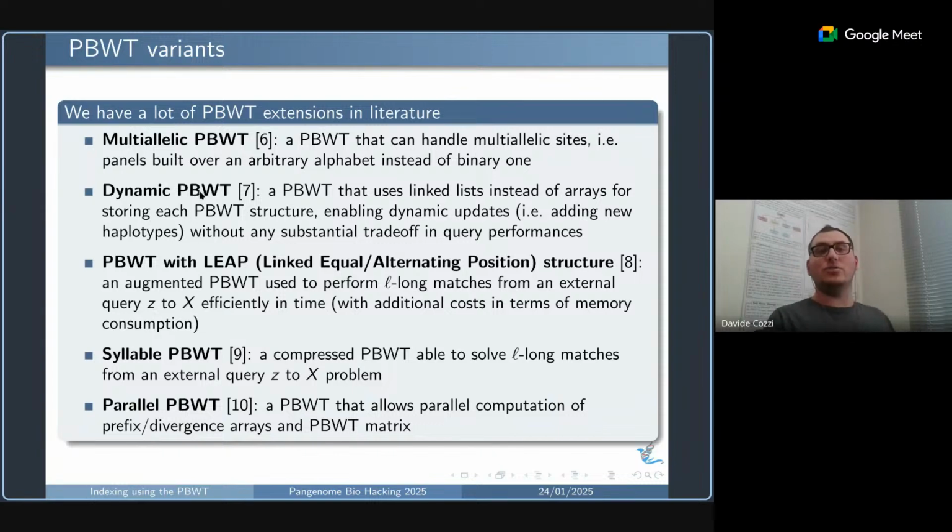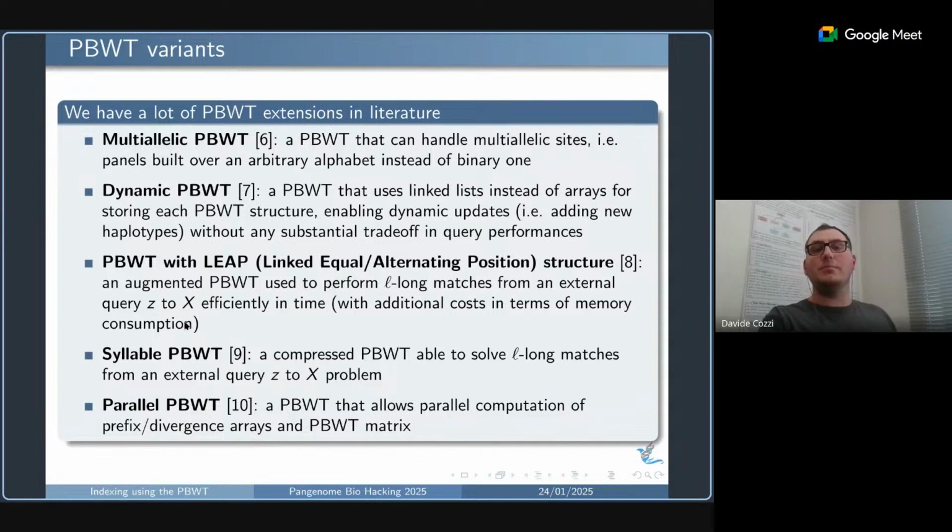Then we have the so-called dynamic PBWT, which does not rely on arrays for storing the prefix and divergence arrays, but they become linked lists in order to enable the insertion of new haplotypes. And this can be very useful in a real-world scenario.